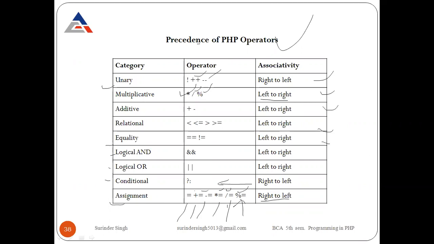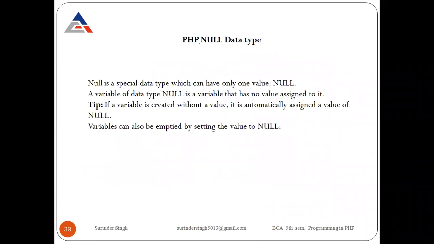And now on the next slide, in the data type topic, we missed a data type, the null data type. What is null data type? Null is a special data type which can have only one value, null. Null means empty. A variable of data type null is a variable that has no value assigned to it.